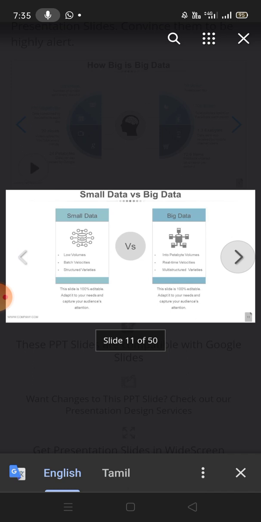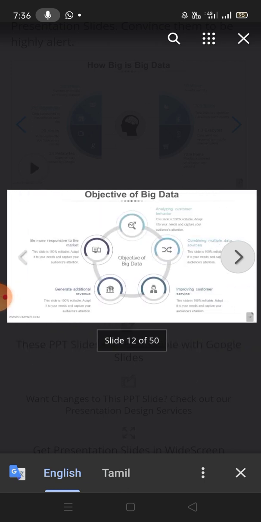And small data versus big data. Small data means low volumes, batch velocities, and structured varieties. And big data means petabyte volumes, real-time velocities, and multi-structured varieties.